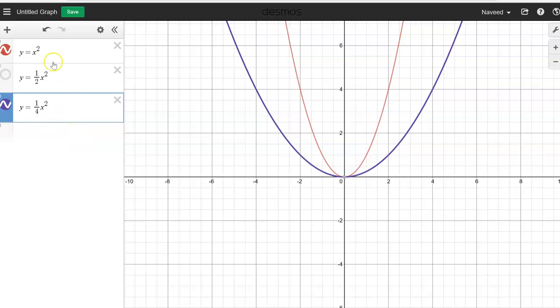With x squared, if we have 1, 1, the same x value of 1 now gives 0.25 for y. So x is 1, y is a quarter. The value of y has been compressed. We call it a vertical compression.